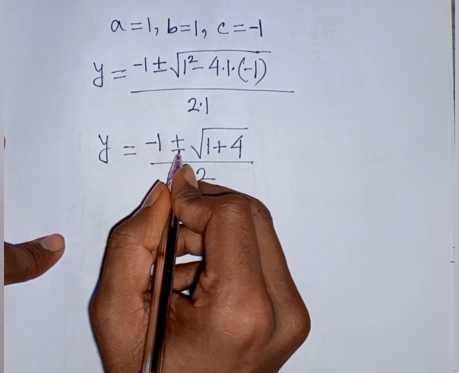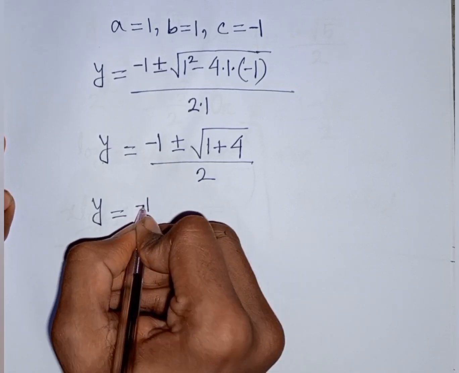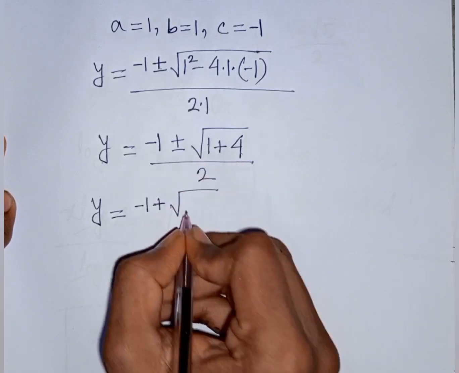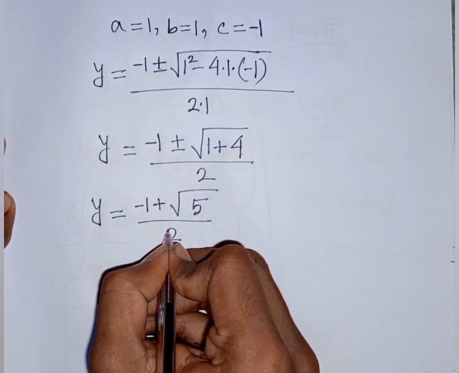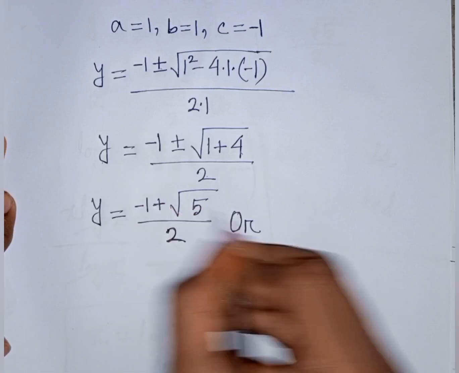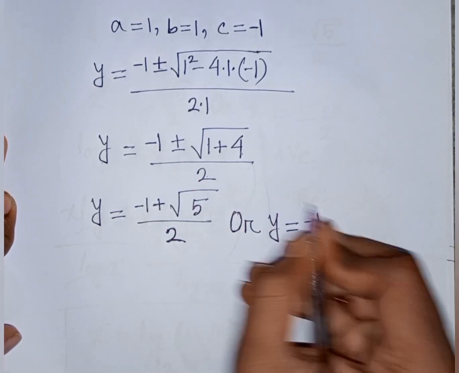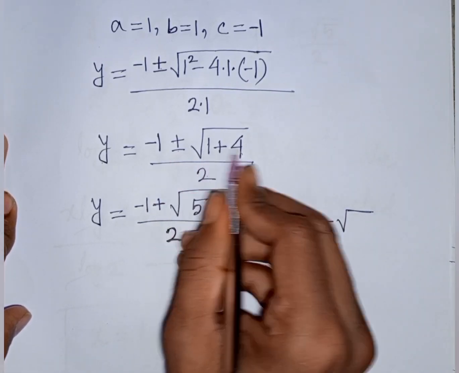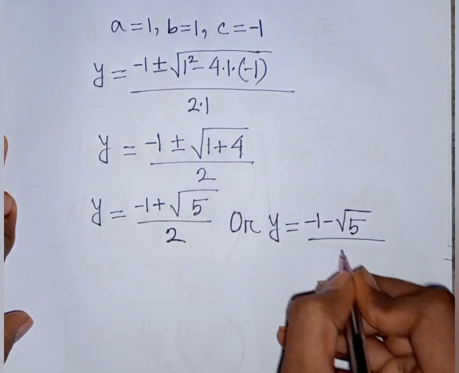Now we see here two cases, so you can write here y is equal to minus 1 plus a square root of 1 plus 4, that means it will be 5, then divided by 2, or y is equal to minus 1 minus a square root of 1 plus 4, that means it will be 5, then divided by 2.